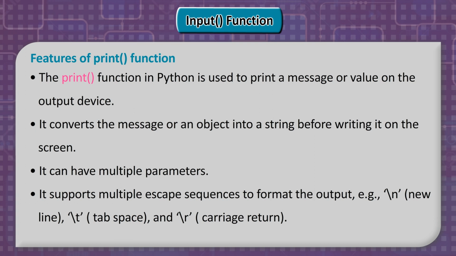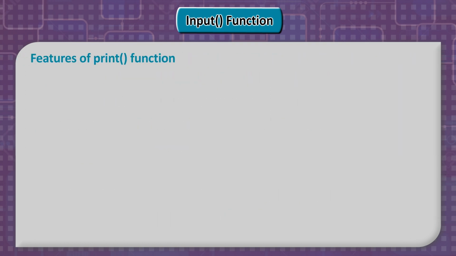It converts the message or an object into a string before writing it on the screen. It can have multiple parameters. It supports multiple escape sequences to format the output. For example, \n, new line, \t, tab space, and \r, carriage return.